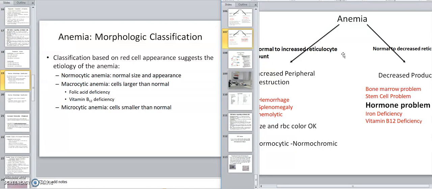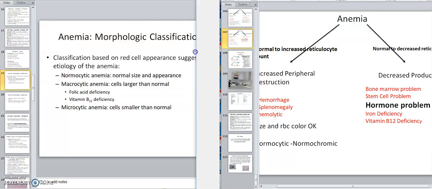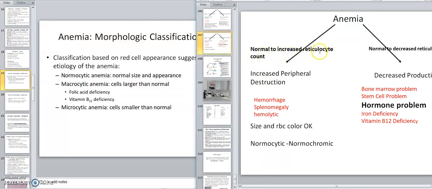If the reticulocyte count is increased, see, reticulocytes are the stage right before the mature red blood cell. If the reticulocyte count is normal to increased, it would mean increased peripheral destruction, because the bone marrow is releasing rookies early to try to compensate for the mature red blood cells.